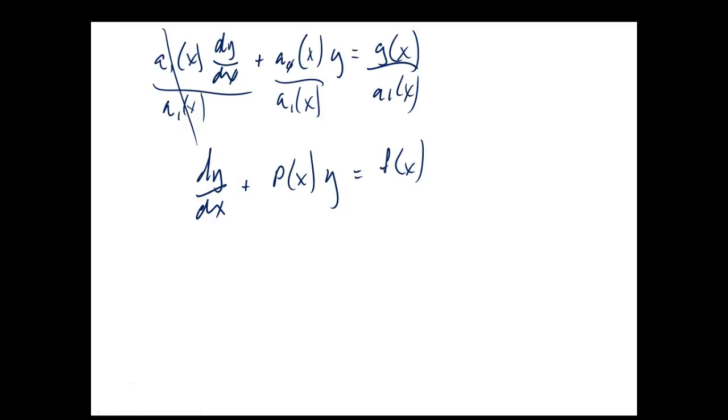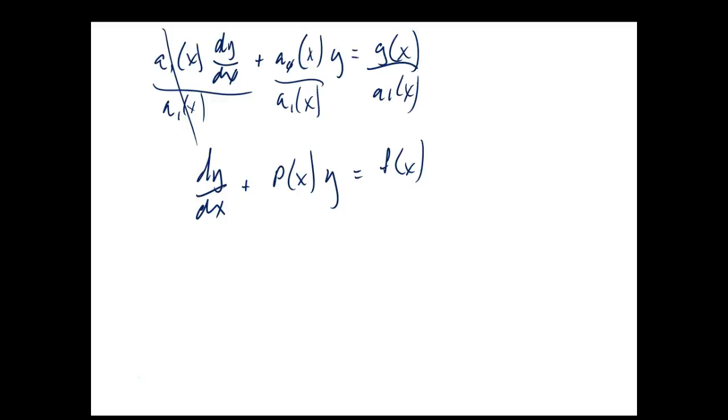This is what they call the standard form. You could write it the other way, but if you do, just divide by a1 of x and have dy/dx is some function of x. And remember, a function of x can be anything. This almost guarantees it's a rational function if a of x is anything other than a constant.